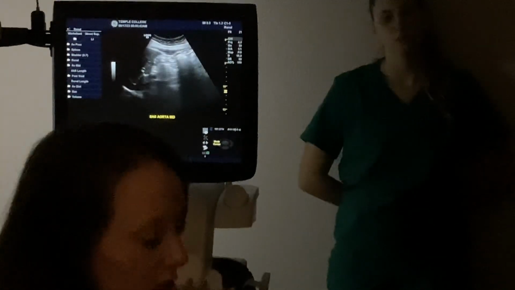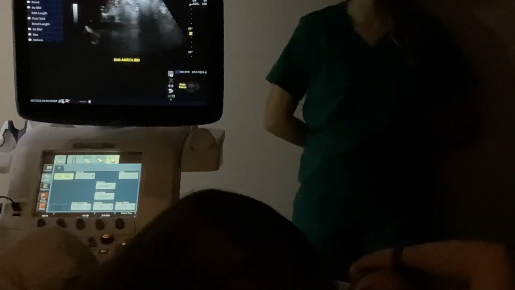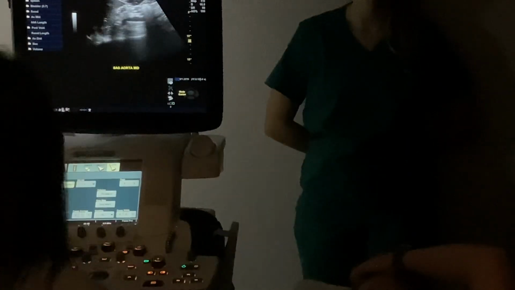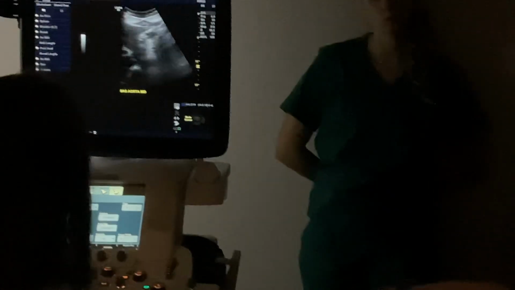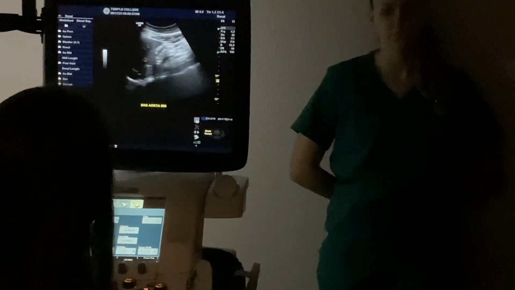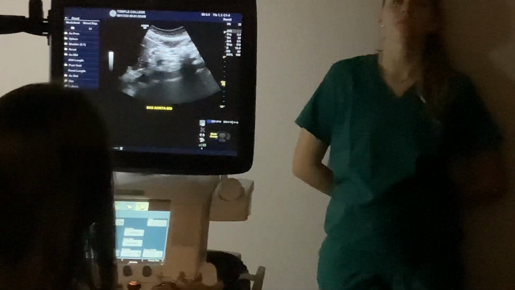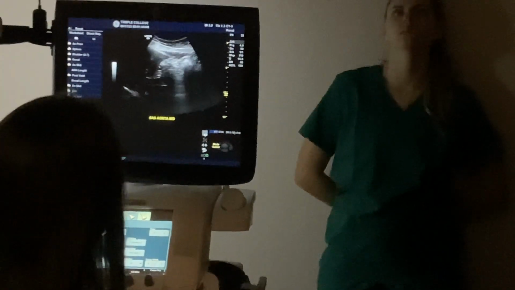All right, so our landmarks for the mid, you guys said it a minute ago. The CT, SMA, but above the renal arteries. Deep breath.